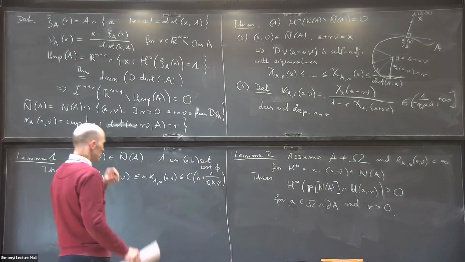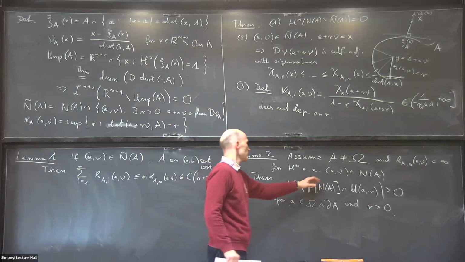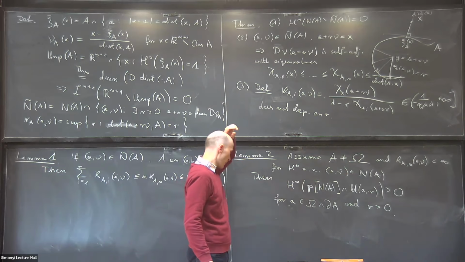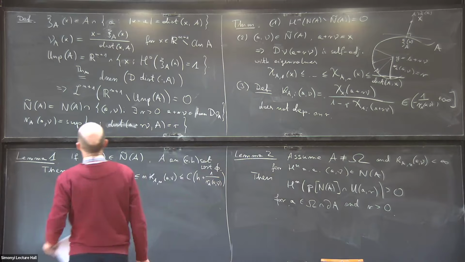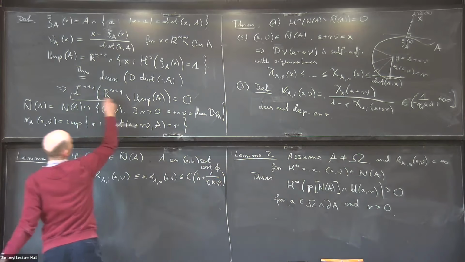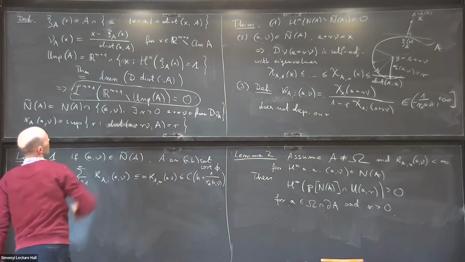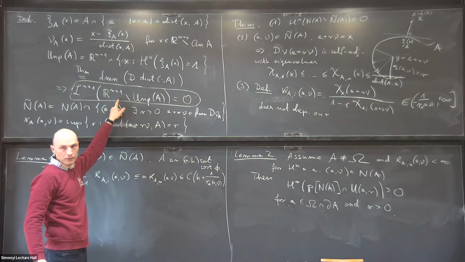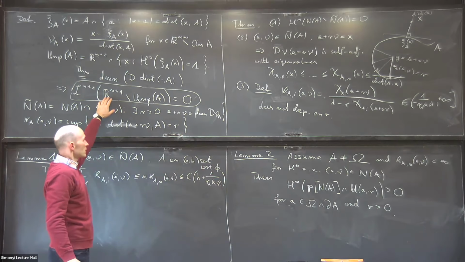So this is done basically using a coarea formula. You can disintegrate the Lebesgue measure using this. It's basically the whole space up to a set of measure 0.